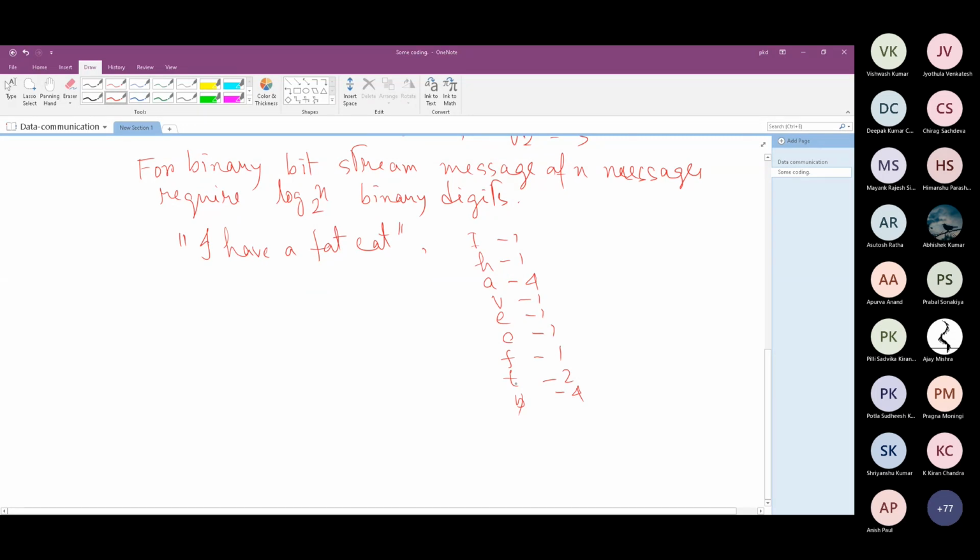The next probable is T, occurring 2 times. Rest all of these symbols I, H, V, E, C, F are occurring only once.